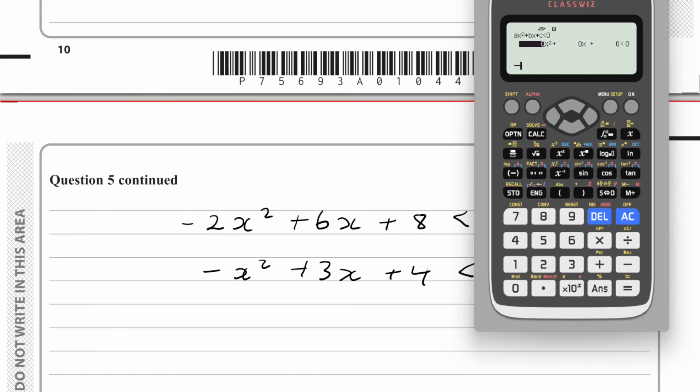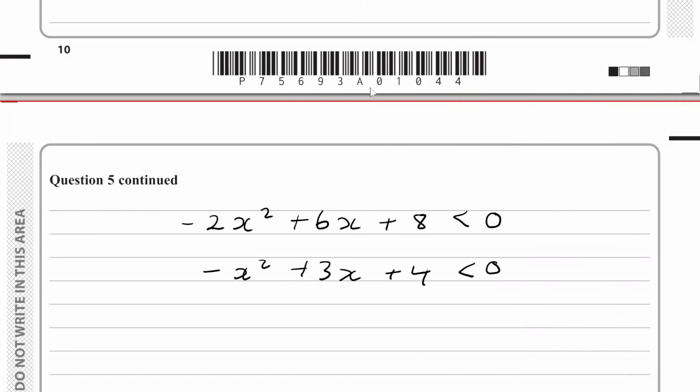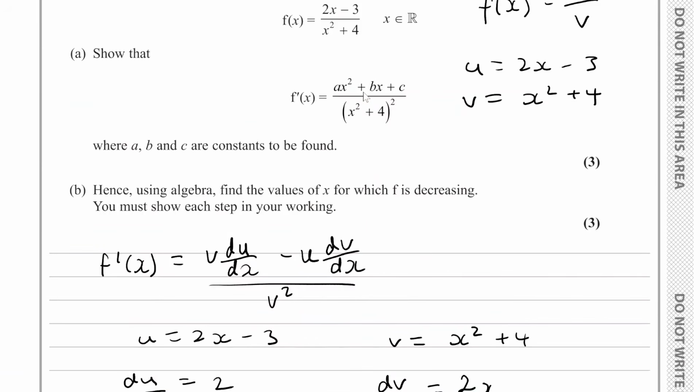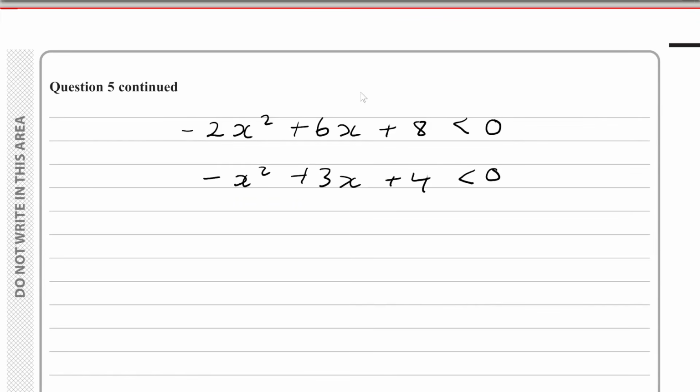I've got minus 1x squared, 3 x's, and a 4. So x is less than negative 1 and x is greater than 4. X is less than negative 1, x is greater than 4.